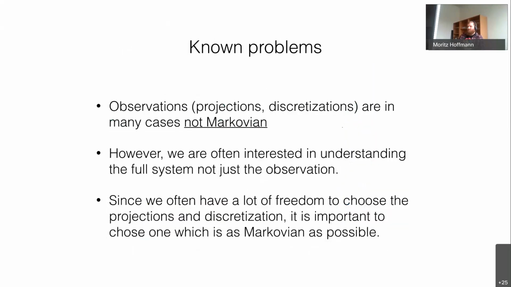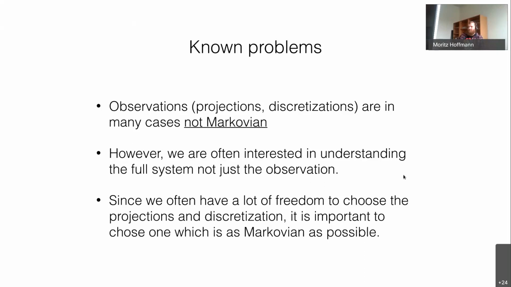And these problems are related to non-Markovianity, which is what I already said, and this is something you can validate with the timescales and also with the Chapman-Kolmogorov test that I will introduce in a second. Often we also want to understand the full system, not just the observation. Even if we have data, this doesn't mean that the data describe the full system well.